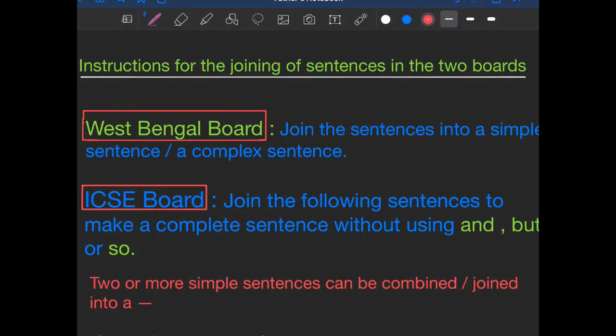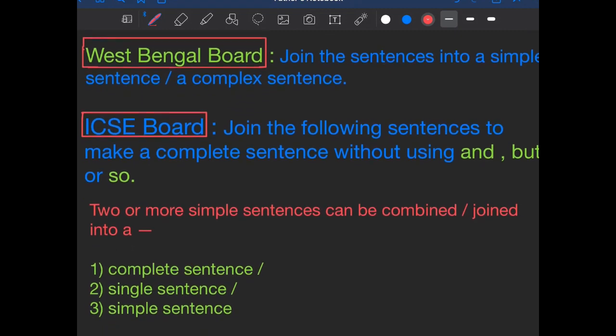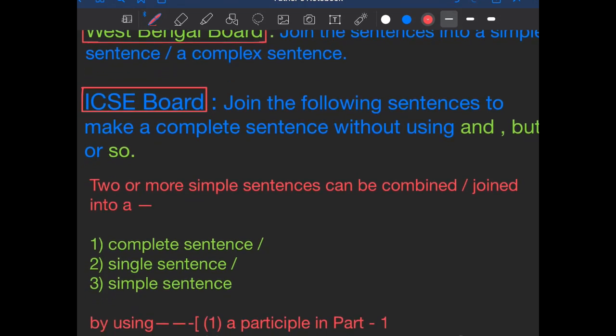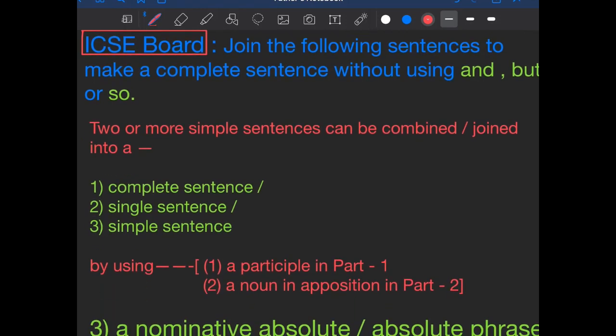Okay, now students, we are learning how two or more simple sentences can be combined into a complete sentence, a single sentence, or a simple sentence by using some important elements of English grammar.